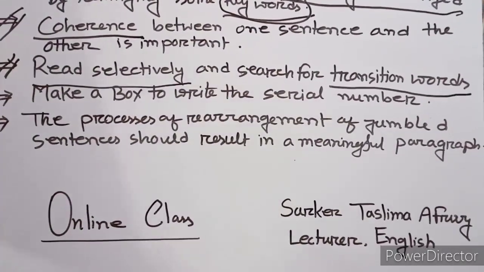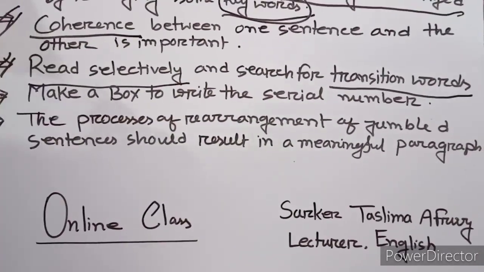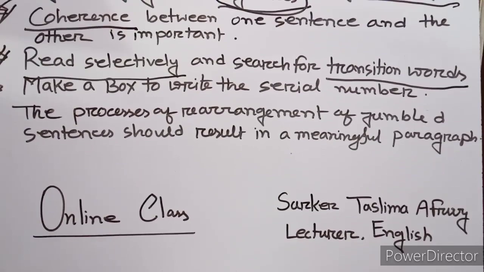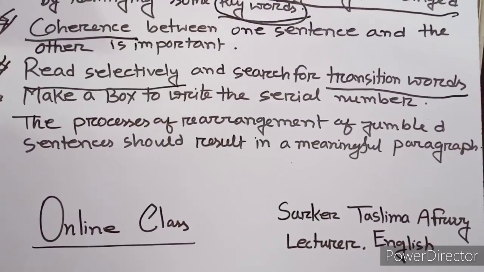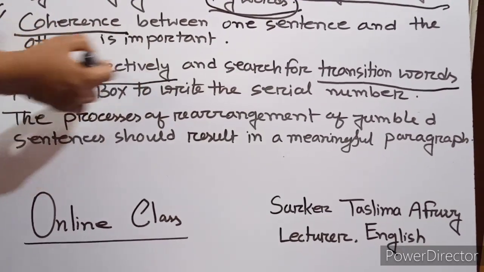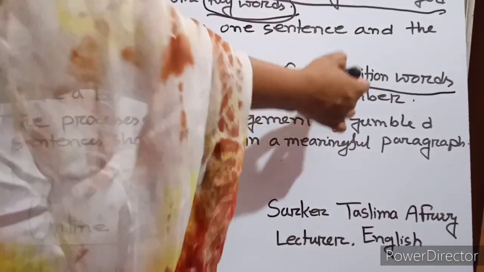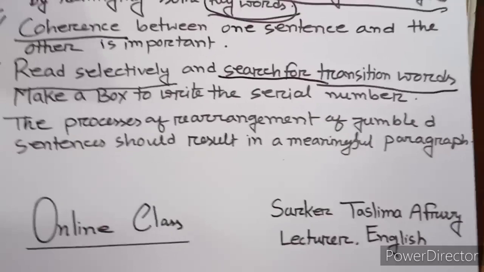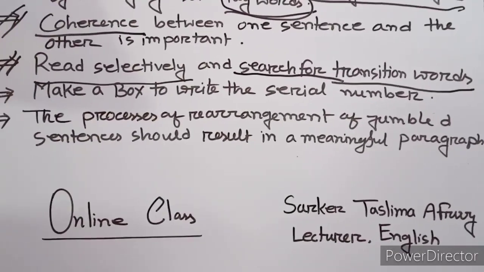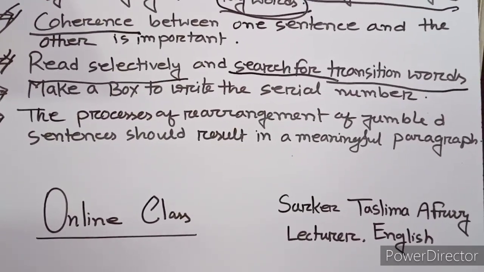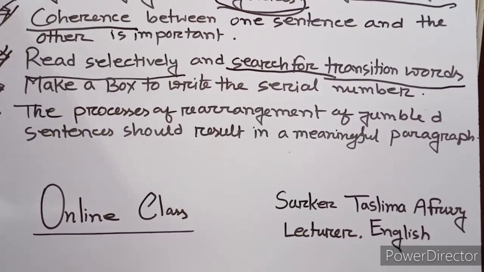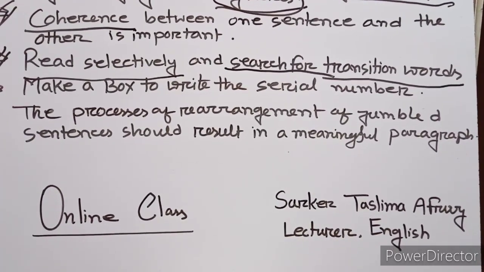Before I go to the next one, I must tell you, to figure out this point, you have to be very smart. I'm talking about this one: read selectively and search for transition words. In this regard, you have to be very smart and must show your sharpness. Search the transition words. Okay, dear students.